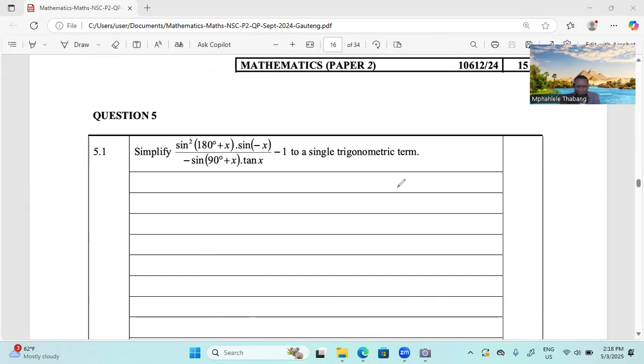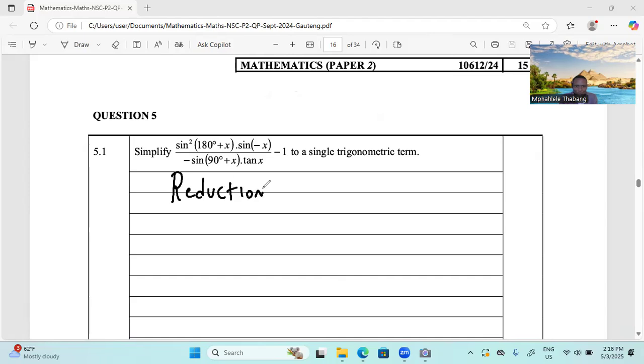So let me give you the key idea that you will need when you are solving 5.1. Remember, there are certain mathematical concepts that you need in order to solve mathematical problems. Here you need the idea of what we call the reduction formula.